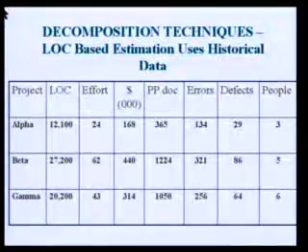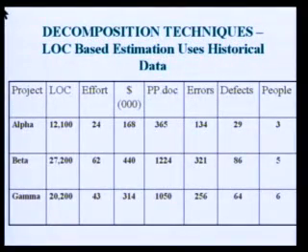Then defects per KLOC. Here again the number of defects are 29 and the number of lines of code are 12,100. So again the same is the case: 29 defects for 12,100 lines of code. So you first have to convert all the LOC to the KLOC.